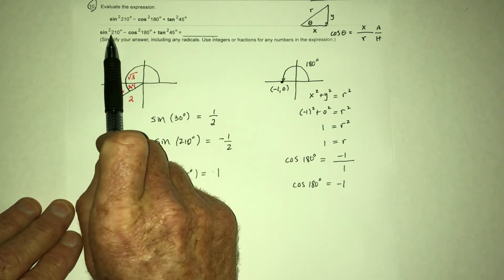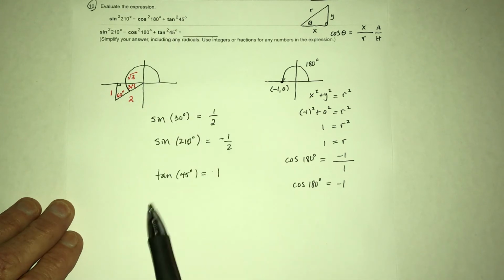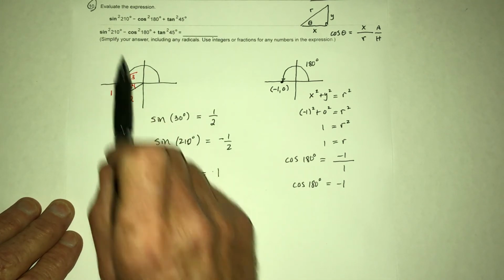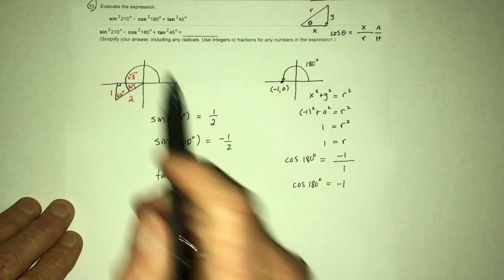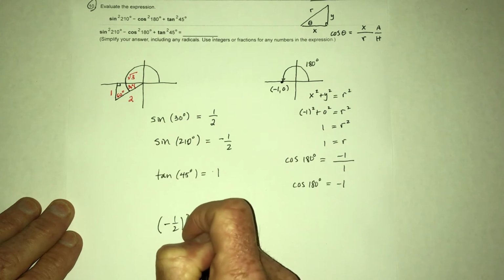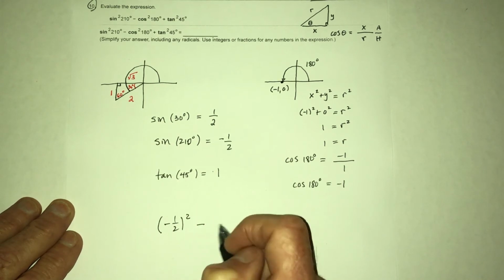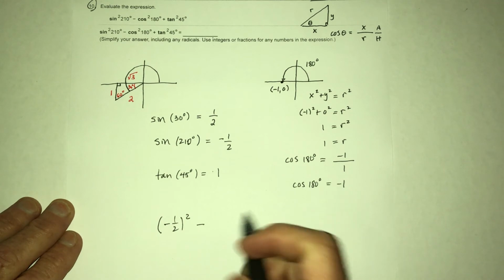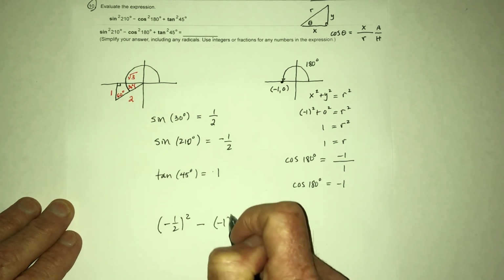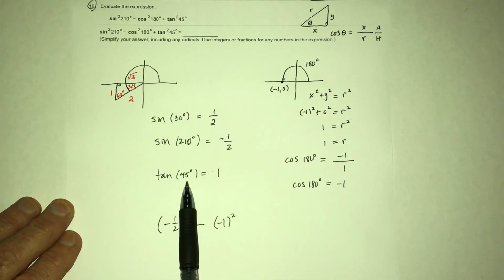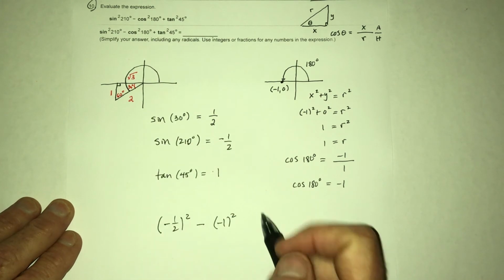So this one, oh, actually they're all going to get squared. So this first one is going to be sine of 210. So that's -1/2, and then it needs to be squared. And then minus, take the answer from cosine of 180 and square that. And then finally, plus the answer you got from tangent of 45, square that.